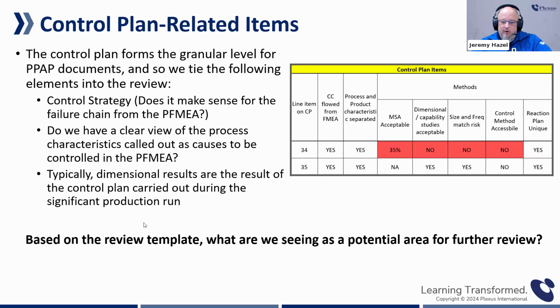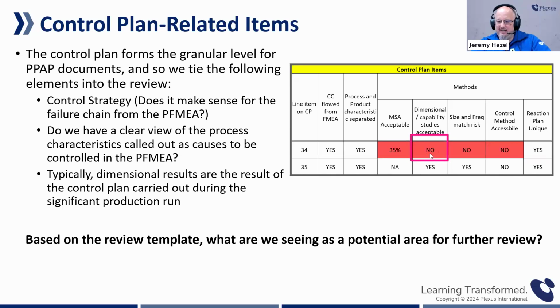So when we do this part, this also ties in MSA and SPC. Now, notice I put it under the control plan items because this is where the MSA rears its ugly head, right? As well as some of the dimensional capability studies. Let's say that you have capability at the borderline, like 1.33 on this special characteristic.